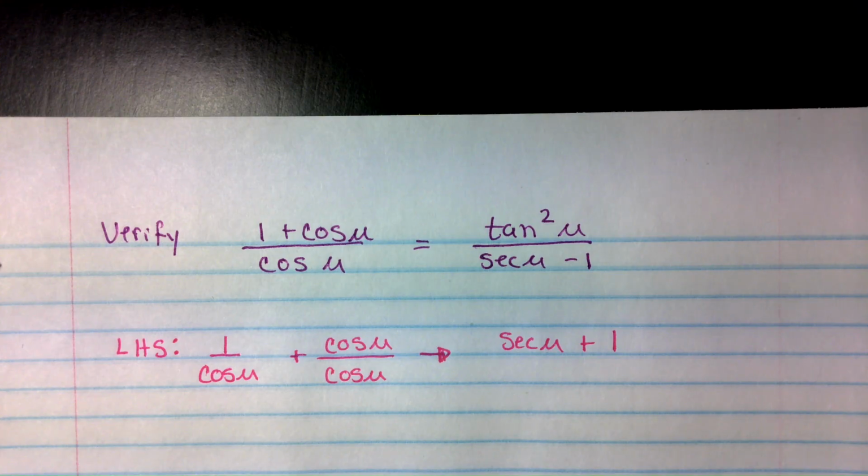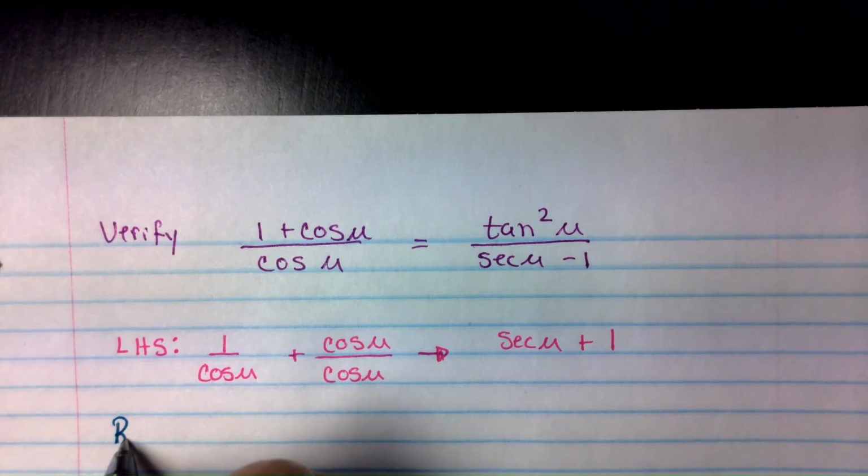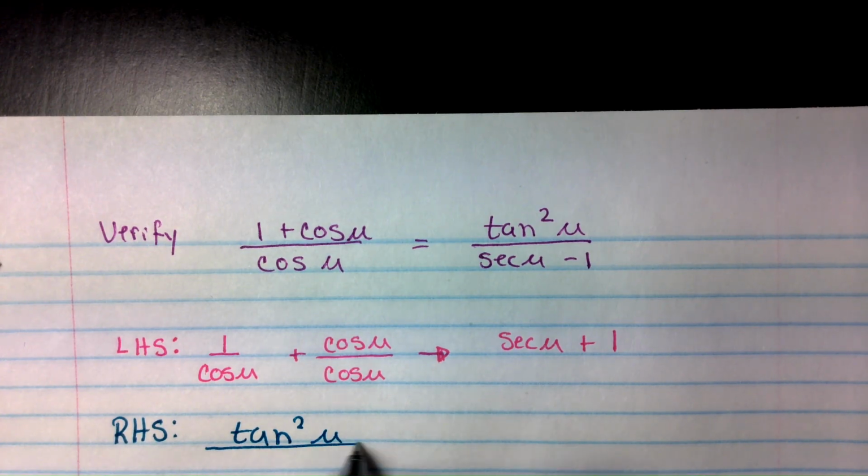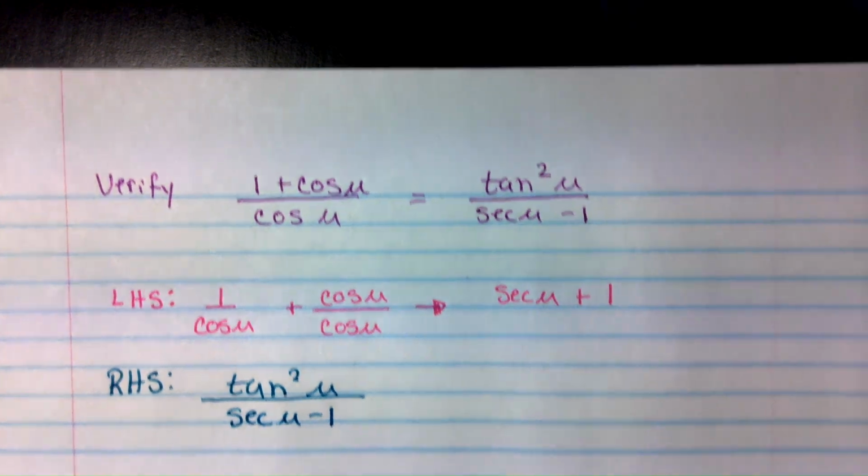I just wanted to have the left-hand side written in multiple formats because the right-hand side looks more complicated to me because it's not in terms of cosine. It's got tangent and secant. So let's go ahead and let's take a look at that right-hand side. It says tangent squared over secant minus 1.